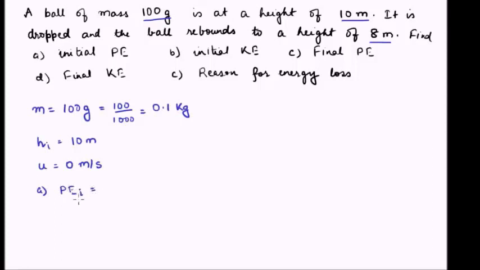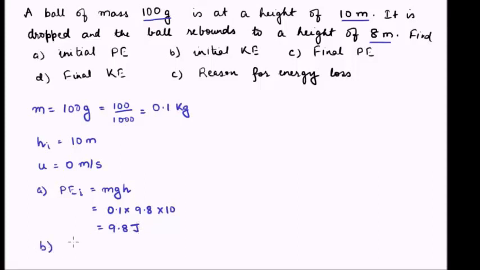Now we know the potential energy is represented by mgh. We are not given the value of g, so we will use the standard value 9.8 meter per second square. That will give me mass as 0.1, g as 9.8 meter per second square, and h as 10 meter, which will be 9.8 joule. So the initial potential energy is 9.8 joule.